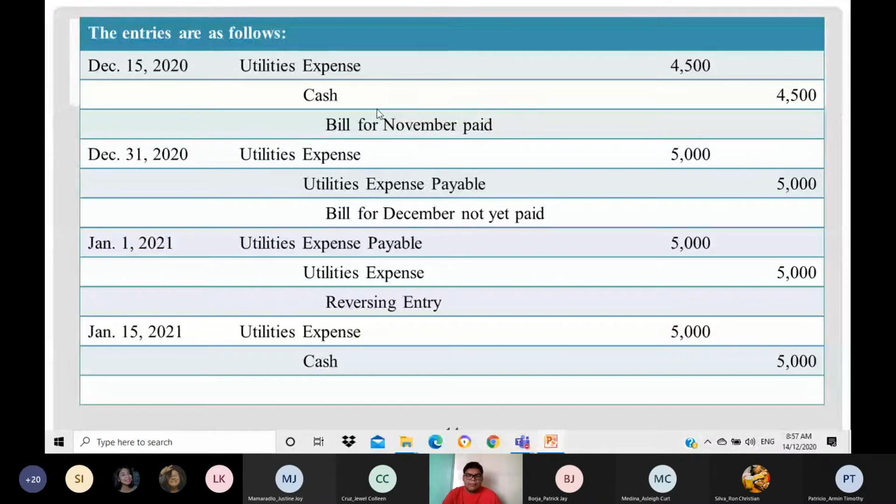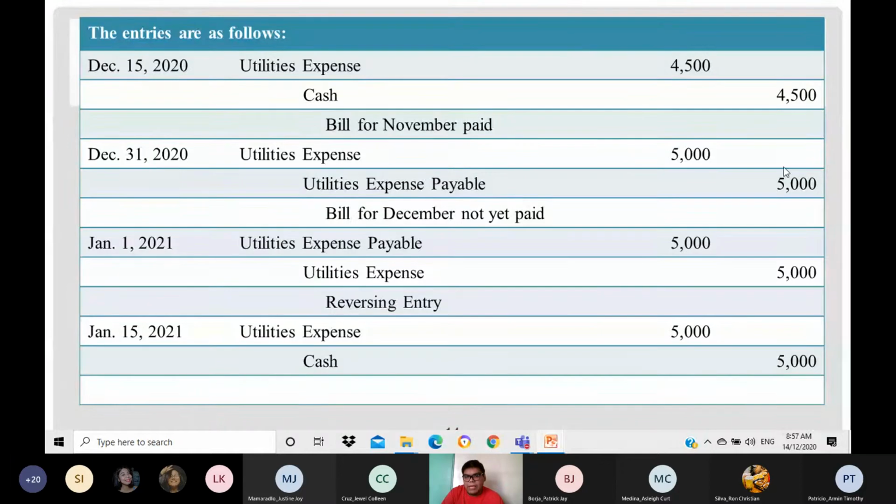So, pagdating naman ng December, hindi mo pa nabayaran yung bill kasi babayaran mo pa siya ng January 15. Delay. So, mangyayari, ganun pa rin. Debit pa rin, utilities expense, 5,000.